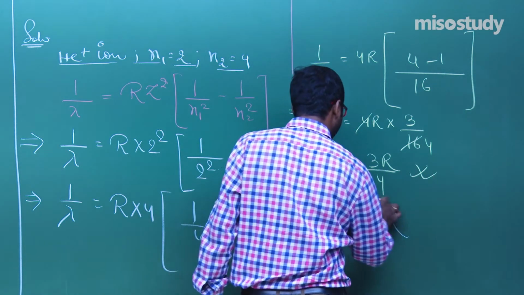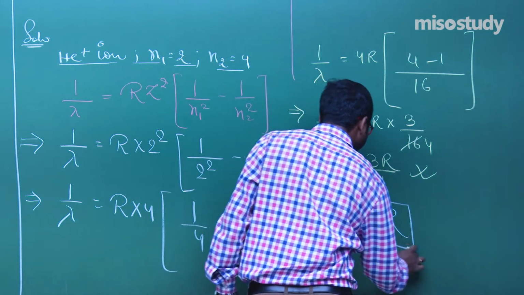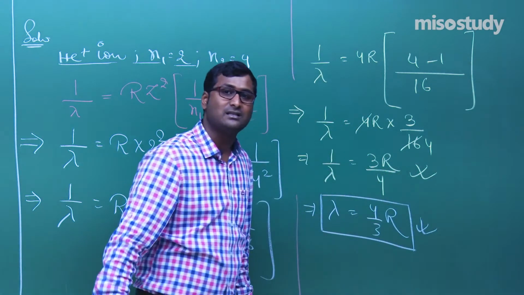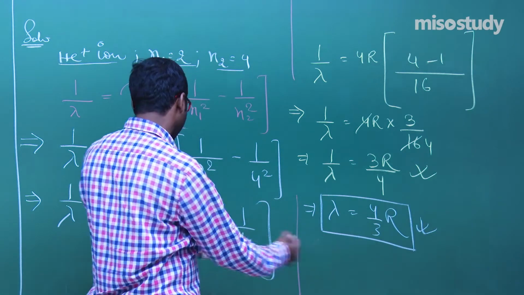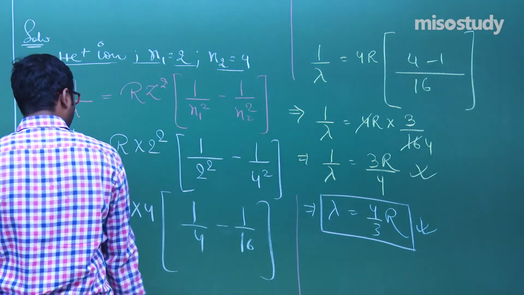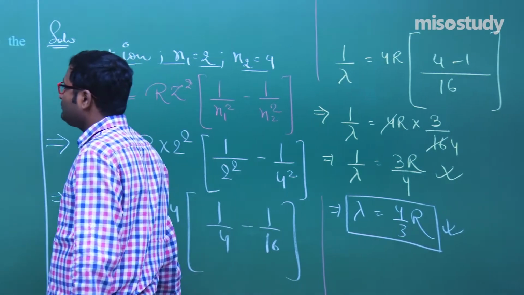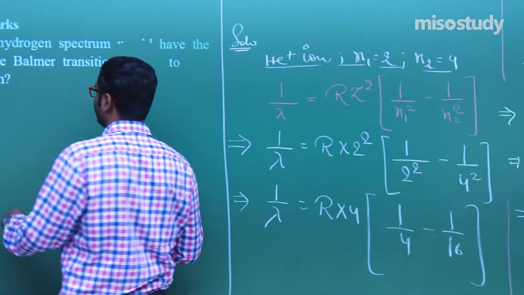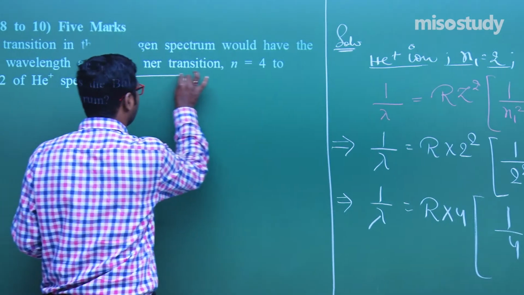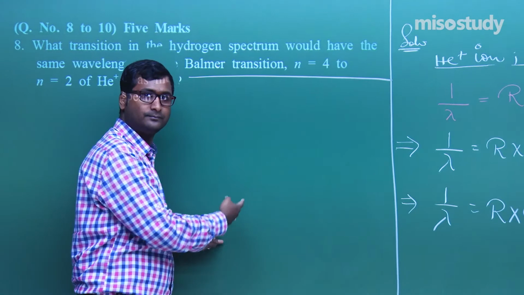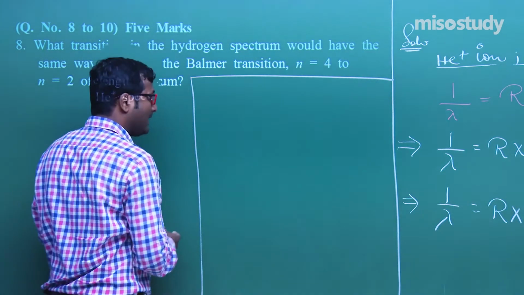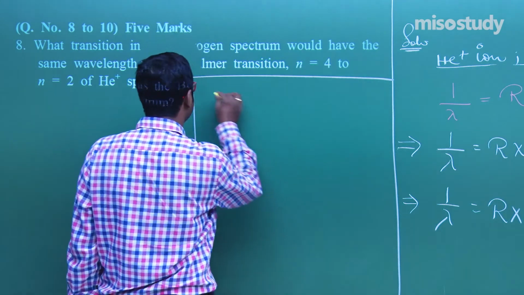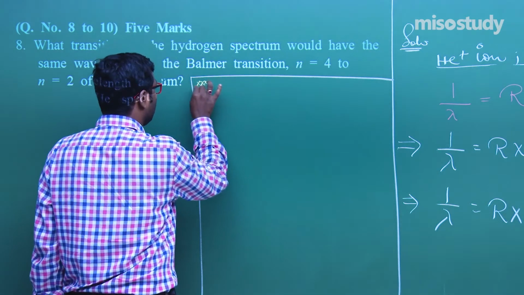This is the value of lambda, and this lambda is exactly equal to which transition of hydrogen atom? That is the question. Now I am moving here, check it out. This is the lambda. I am moving slowly. Now, is it visible? Now, this lambda has exactly the transition of hydrogen.